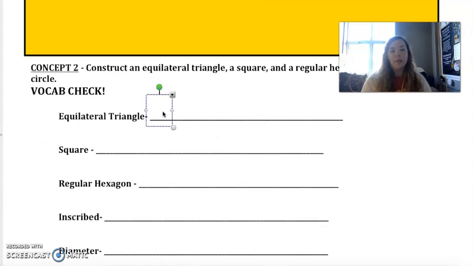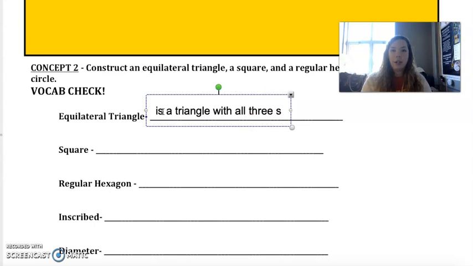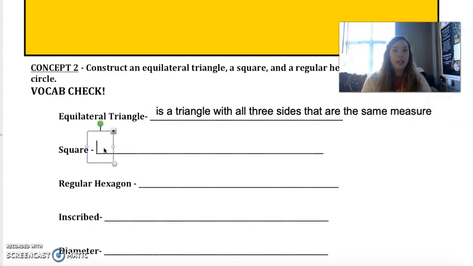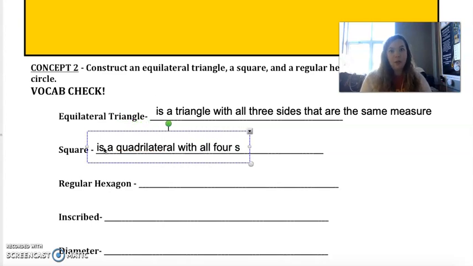Equilateral triangle is a triangle with all three sides that are the same measure. A square is a quadrilateral, meaning it has four sides, with all four sides that are the same measure.